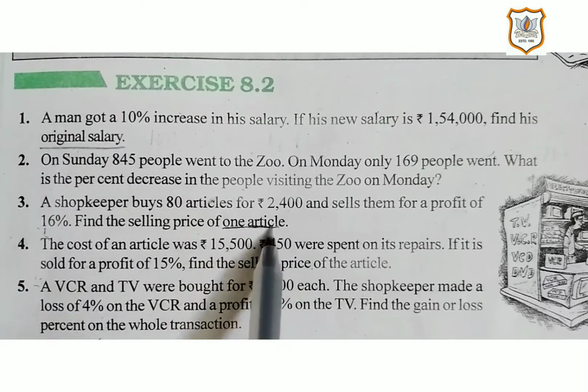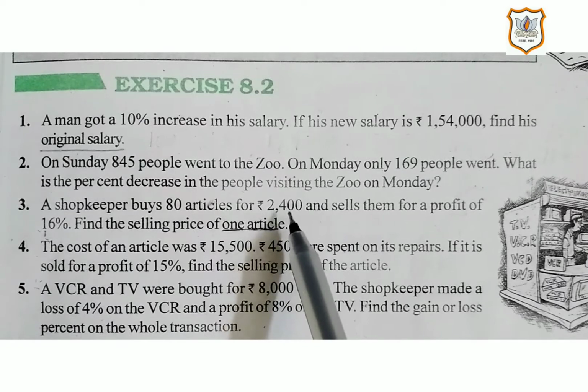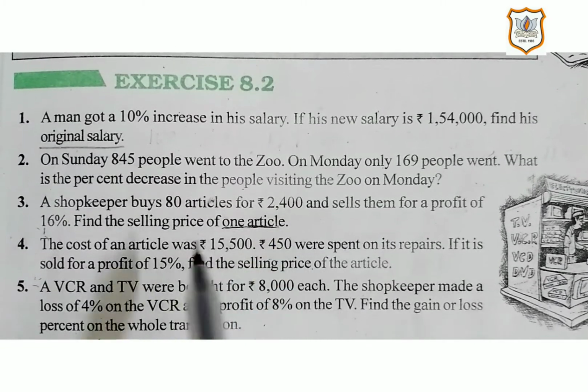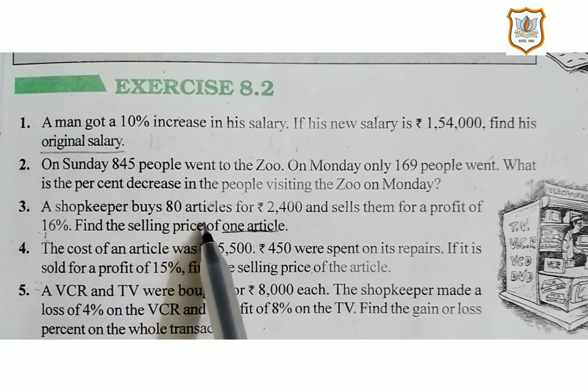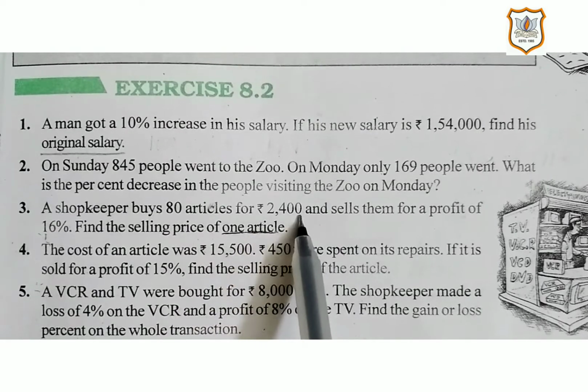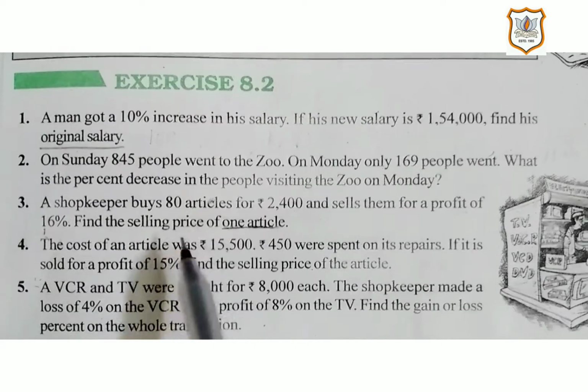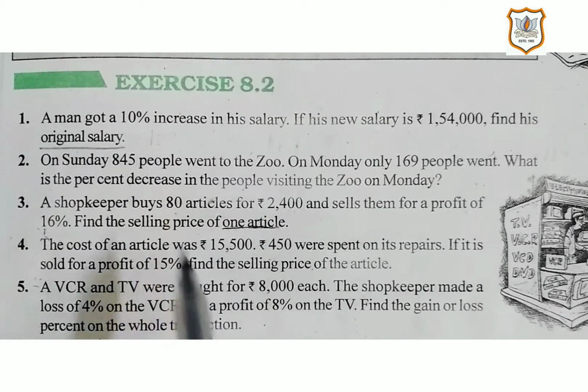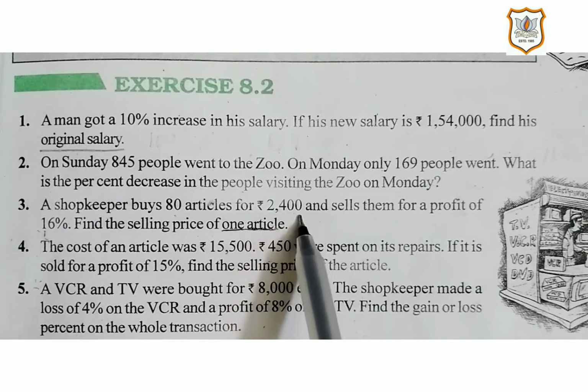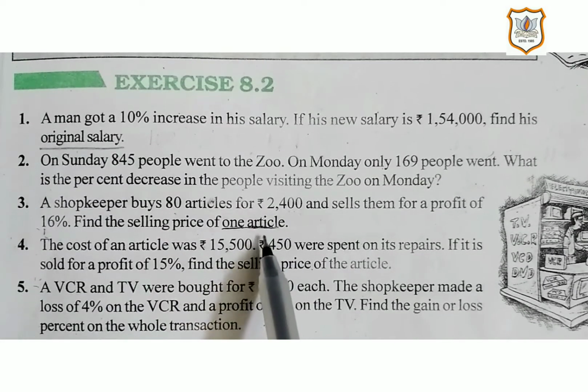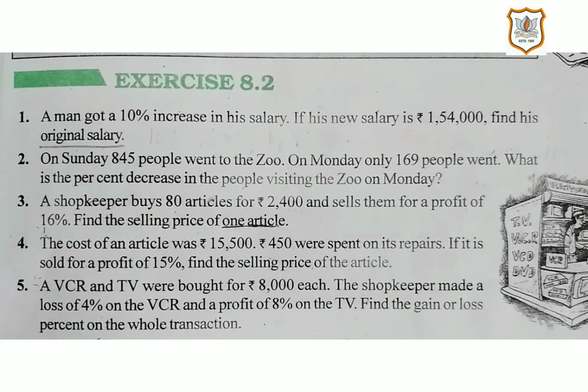So first we will find out the cost price for one article. In this question, cost price, this is CP, is for 80 articles, and we have to find the cost price for one article. Then we will find the selling price of one article.